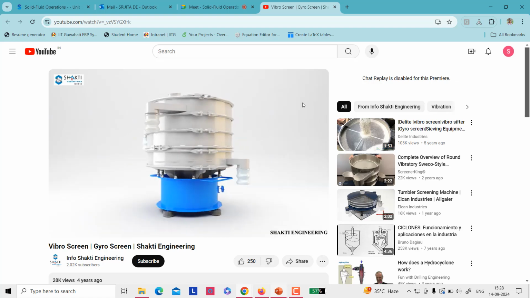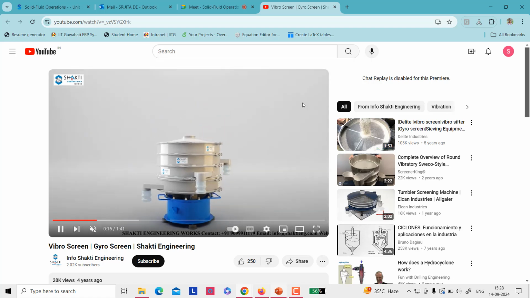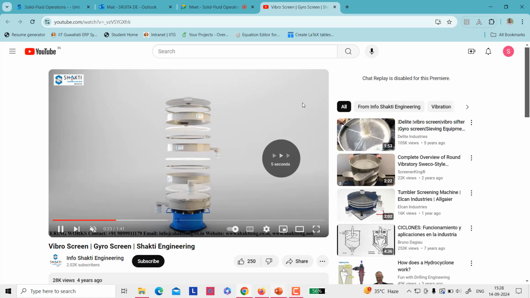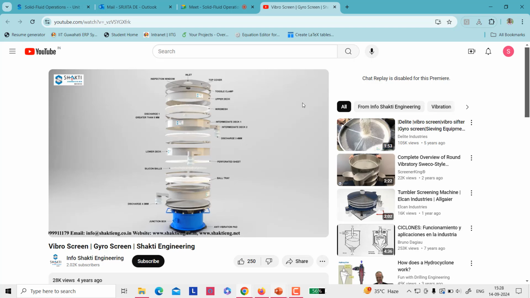This is also another type of vibratory screen. You can see these different meshes inside it.